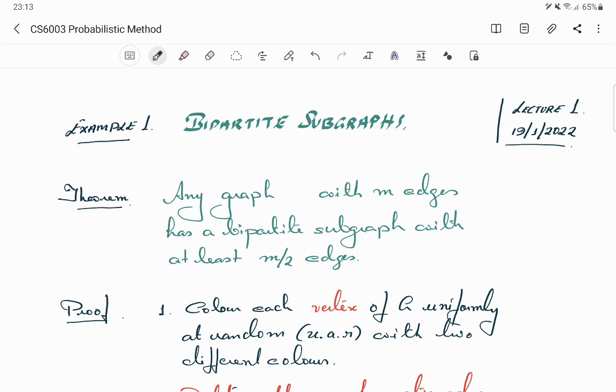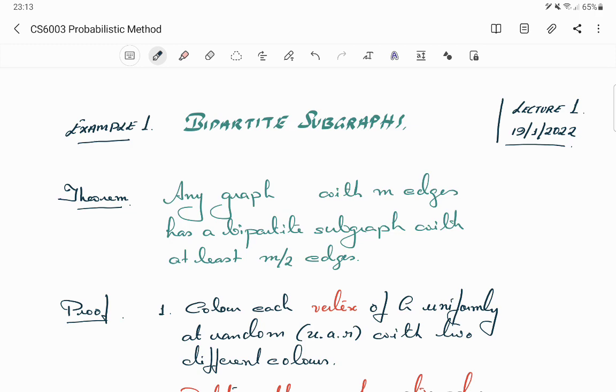What's the problem that we are considering? We are given a general graph, which most of the times will not be bipartite, and we want to find a large bipartite subgraph contained inside it. A graph is a subgraph of another graph if you can obtain the smaller graph by deleting edges and vertices of the old graph.